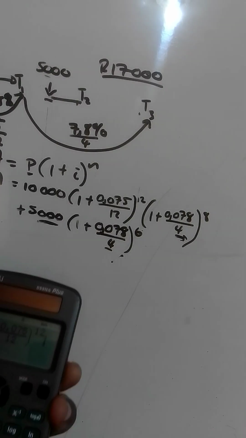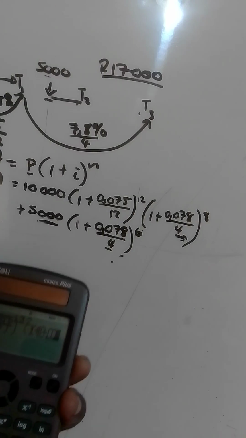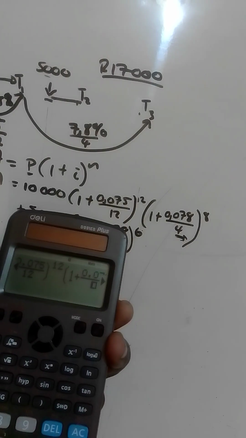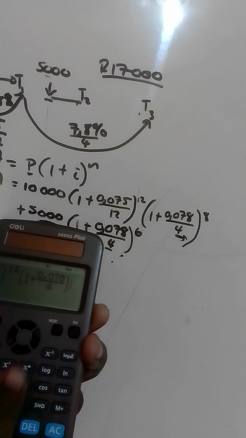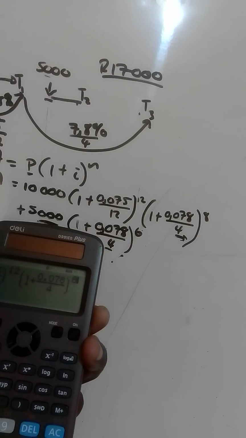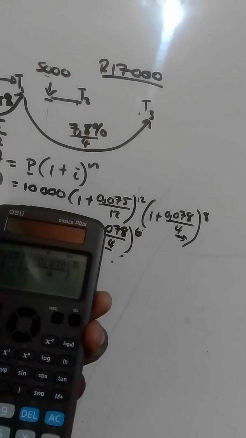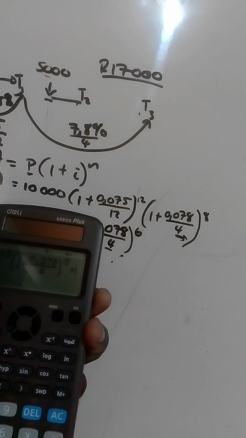And then we go for the second compounding period. We say open bracket 1 plus 0.078 compounding on a quarterly basis, close bracket to the power 8. Then we add the additional 5,000, the further deposit which was made.